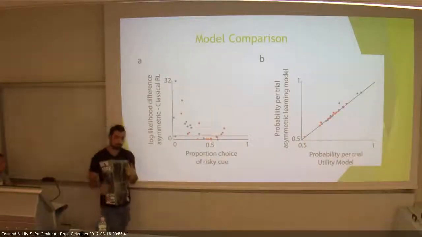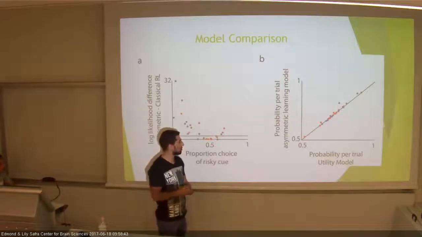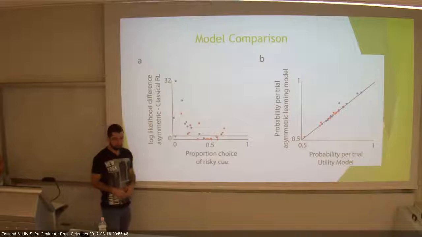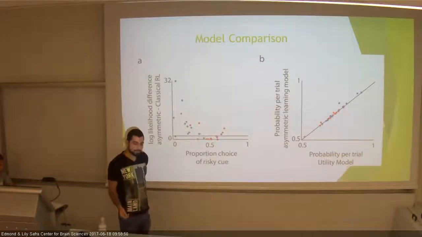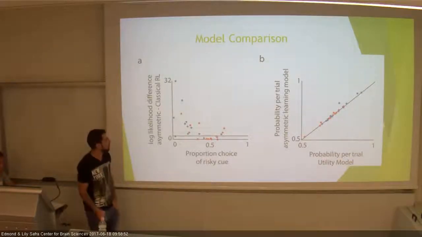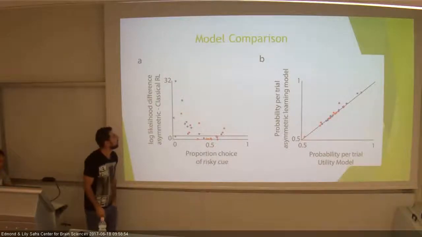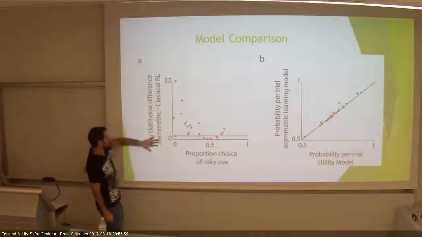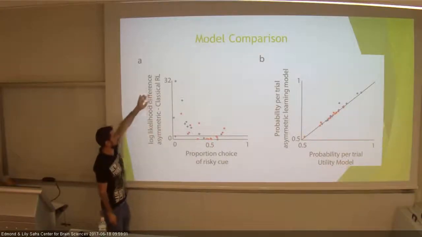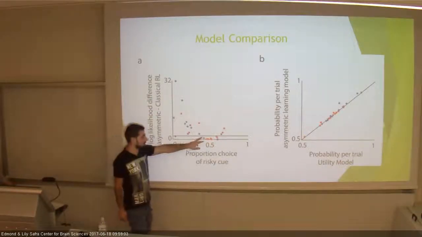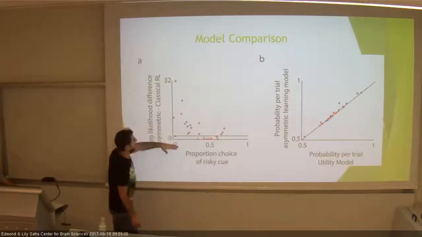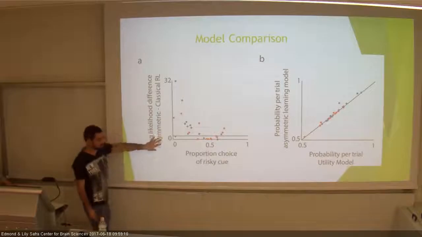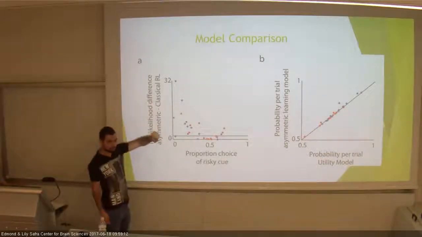All right. So we looked at the three reinforcement learning models, and this is a model comparison for them. Their parameters are fit using maximum likelihood, and this is the comparison between the asymmetric and the classical learning model. This is a p-value. Above this line, every dot supports the asymmetric model as opposed to the classical model.